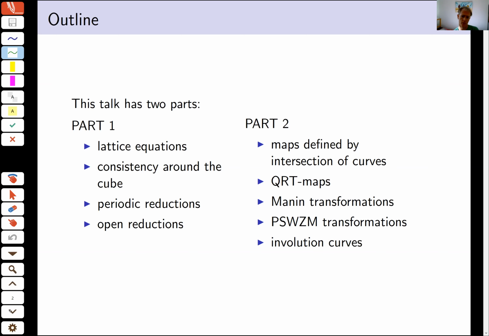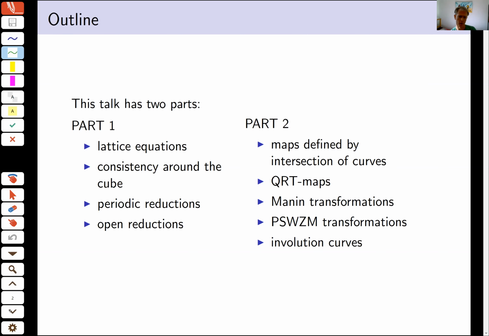There's a way of doing that called periodic reductions, which has been done since the 90s and is fairly standard by now, I would say. When you take a lattice equation that is integrable, you want to use the integrable properties to derive integrable properties of the reduction, the mapping. So I'll show you how that works.